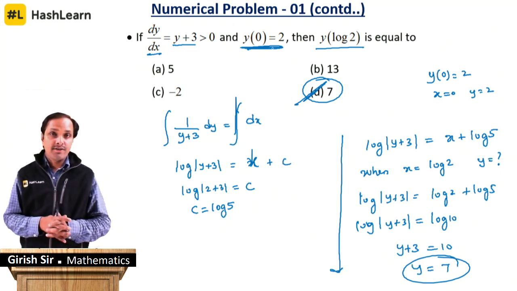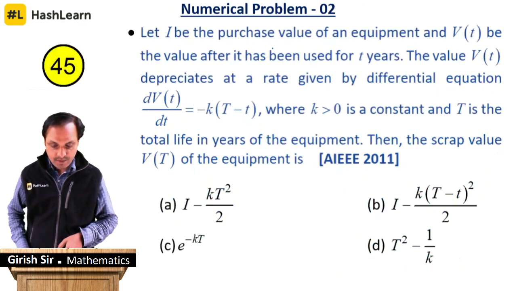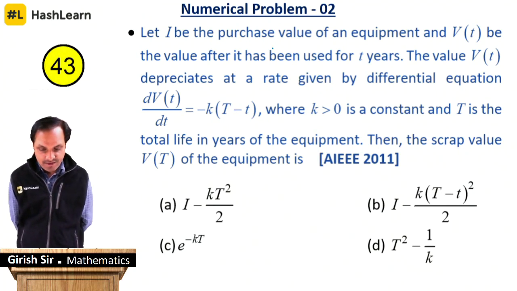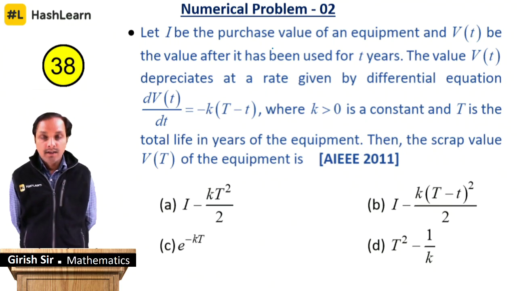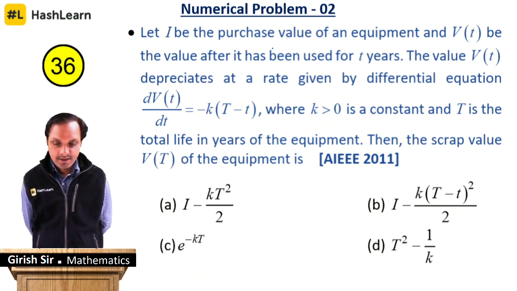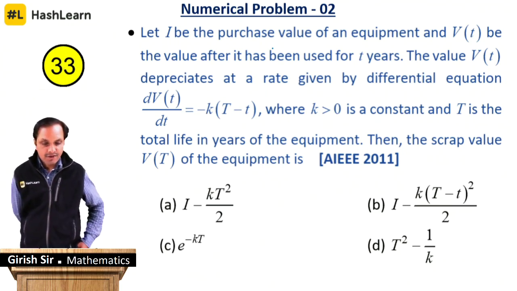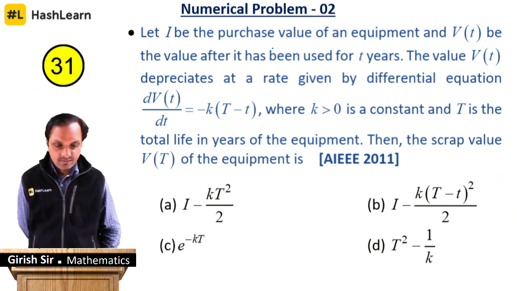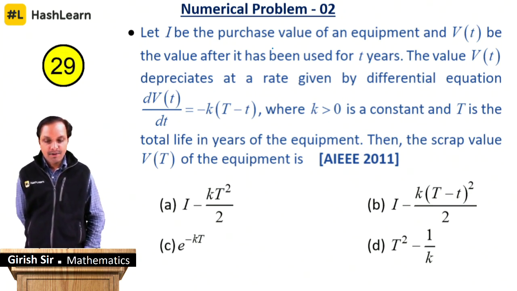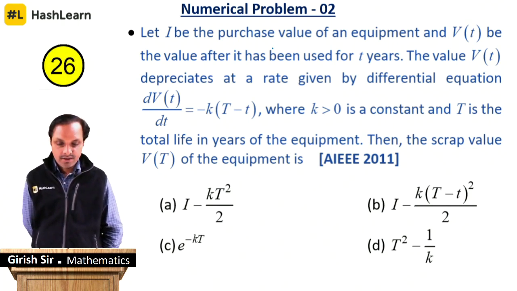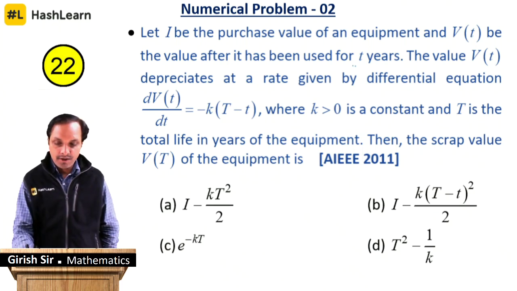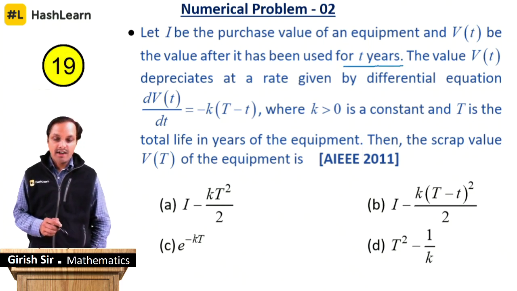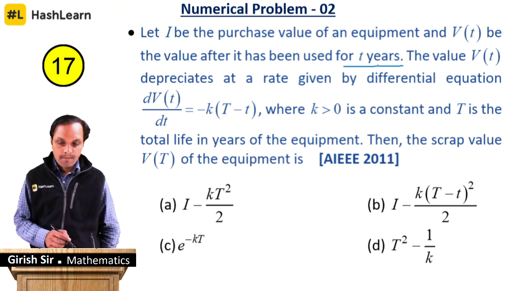You'll have 45 seconds, try to give the right choice, and here is the problem. Very important problem. This is a 2011 AAA question. Be careful with the statement what they are giving you. They are saying I be the purchase value of an equipment, then it has been used for t years, that is time, and it is depreciating.